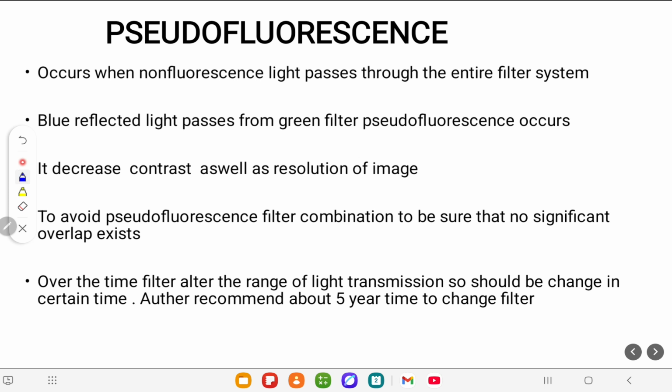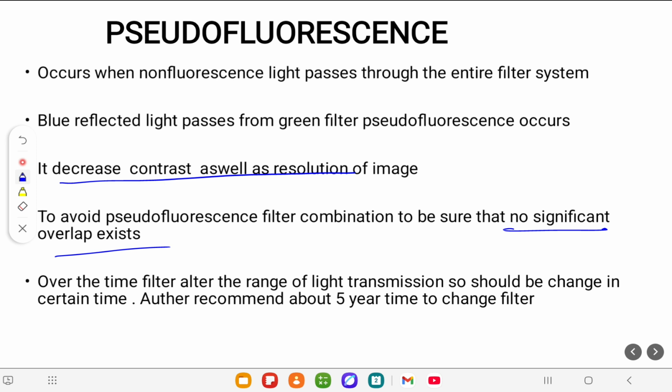What is the defect that pseudofluorescence causes? It first decreases the contrast as well as the resolution of the image, so avoid it by choosing a filter combination with no significant overlap. No significant overlap means the blue filter works purely for shorter wavelengths and the green filter works purely for longer wavelengths, and there is no mismatch between them.